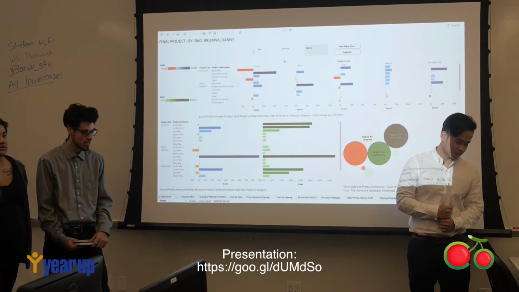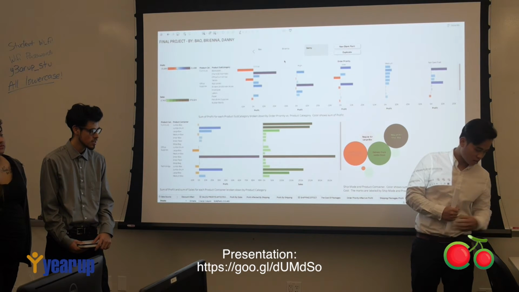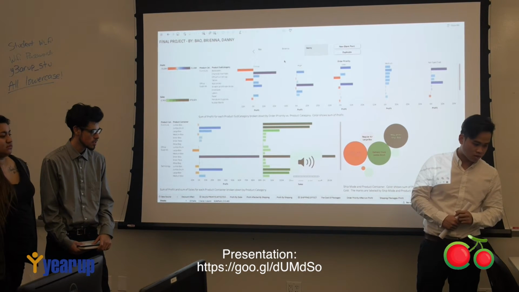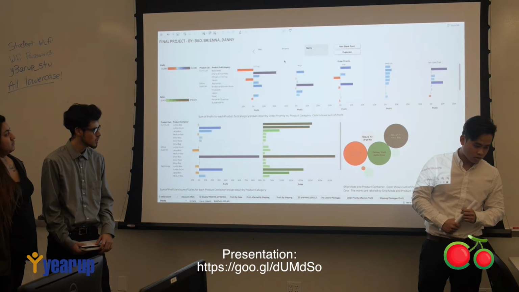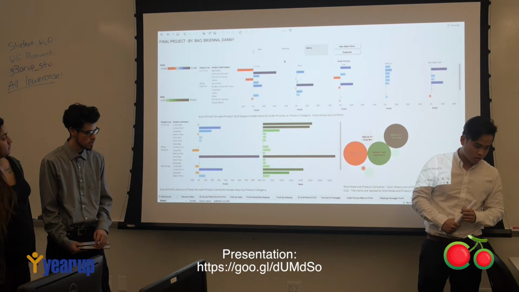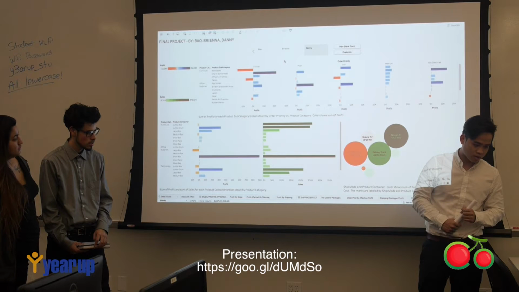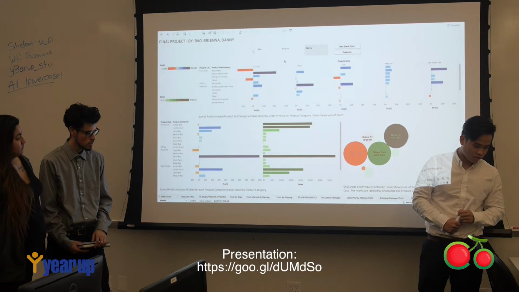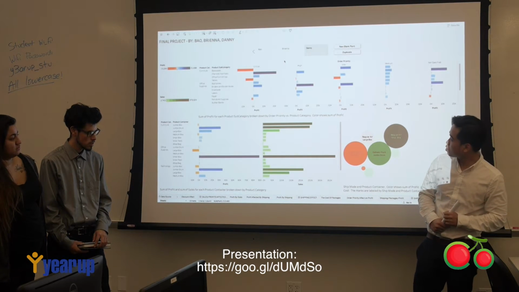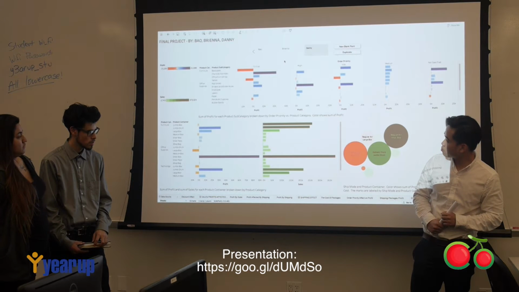So a couple of things to note. Based on this analysis, just the last slide I'm talking about, if you ship by regular air in a small box, it is more profitable compared to selling it by delivery truck in a jumbo box.